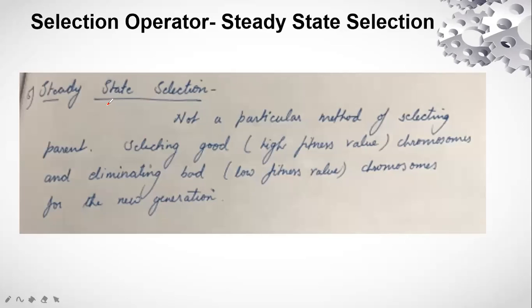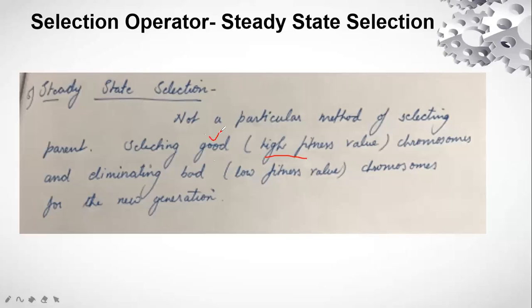Next, we have the steady state selection. Now in steady state selection, we are not going to do any random selection. We have a specific method in which we select the individuals who have the high fitness value, which we define as good chromosomes.